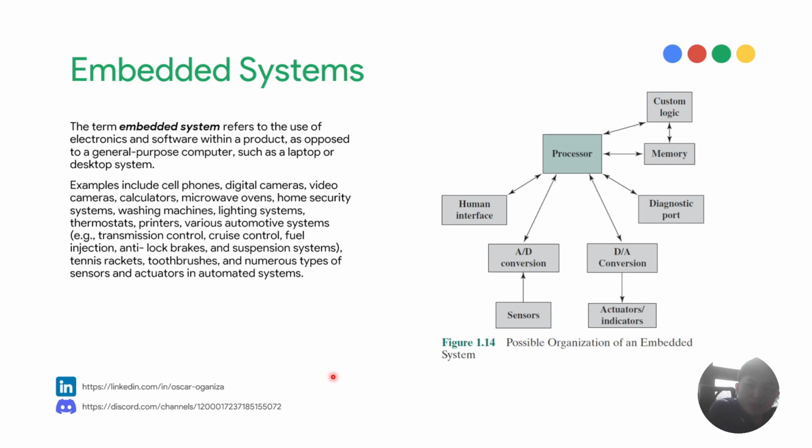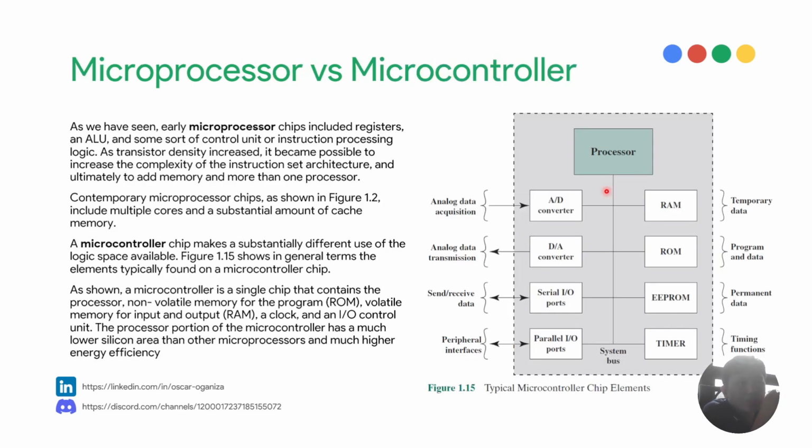So these are some of the numerous types of sensors and actuators in automated systems. Again, cell phones, washing machines. The best example of embedded systems that we have is the cell phone. On the right hand, this is again the sample architecture of our embedded systems. So the comparison between microprocessor and microcontroller.